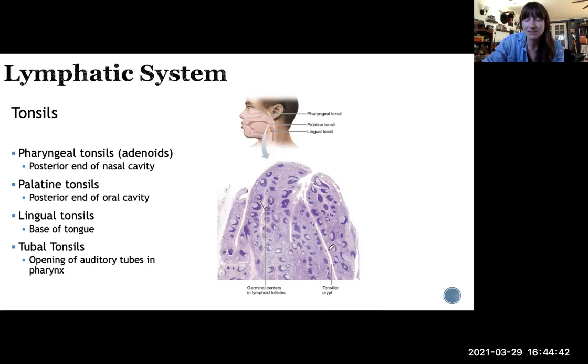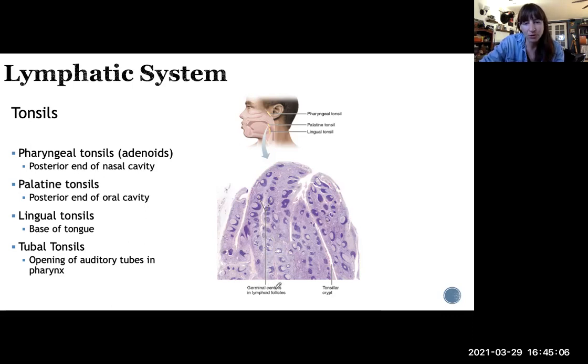And that's on purpose. You want that stuff to get trapped in here because now it's going to be right up against all of this tissue, which again is lymphoid tissue, even though it's a little bit more granulated, more concentrated in the form of these tonsils. That's why they get a name as their own little things.